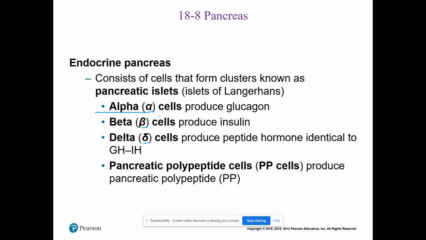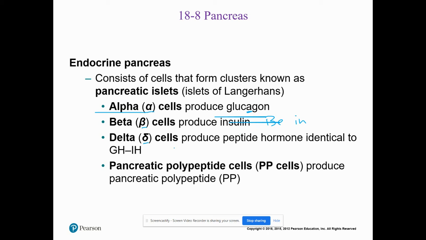So the alpha cells, I remember this as the alpha cells having an A and producing glucagon. The beta cells produce insulin. And I think I came up with something like B in, like for insulin.